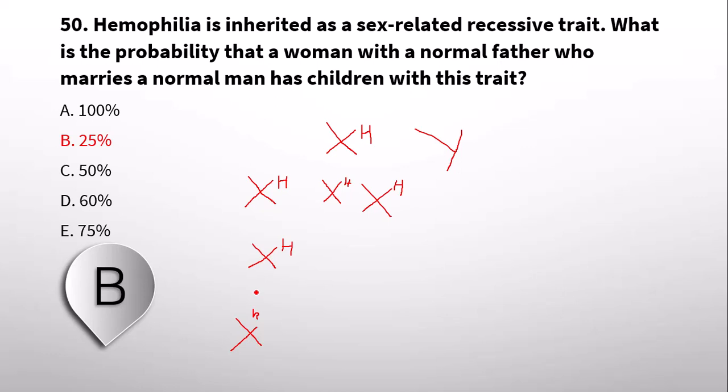So she can either be this or a carrier, and the probability of her having a child with the trait being a carrier is 50%.